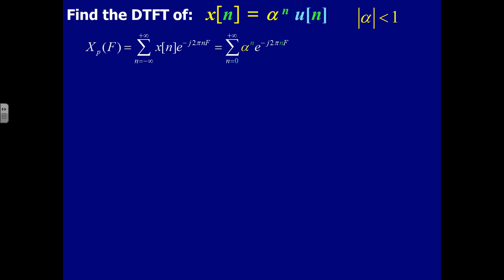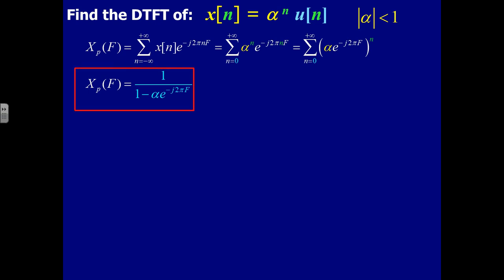And we can simplify that by pulling out an exponent of n that goes with both the alpha and the exponential terms. Now we have a sequence that looks like one of our infinite sums, an a to the n kind of sum from n equals 0 to infinity, that has a sum of 1 over 1 minus a.